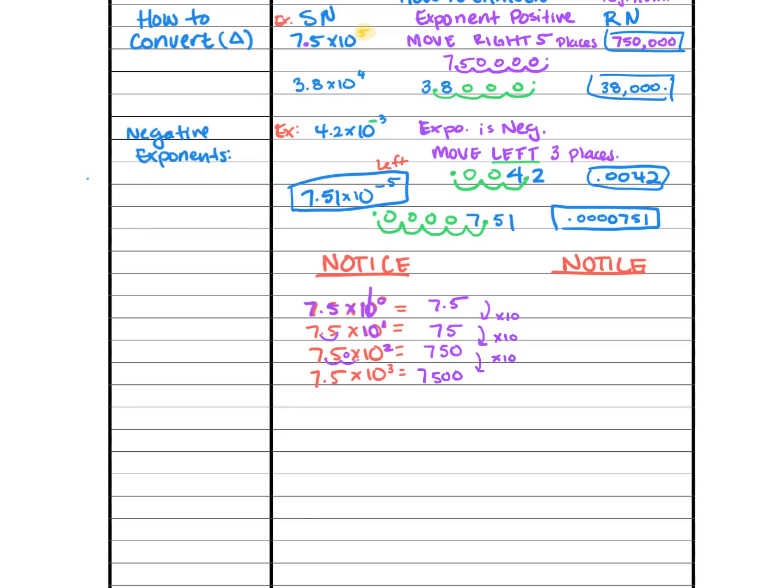So when they ask you, how many times is 1 times 10 to the 6 larger than 1 times 10 to the 4, how much larger is this than that? So this has 4 zeros. This has how many zeros? That's 5, that's 6. Okay, so this has 1, 2, 3, 4. But then to get these 2 more, don't I have to multiply by 10 2 more times?